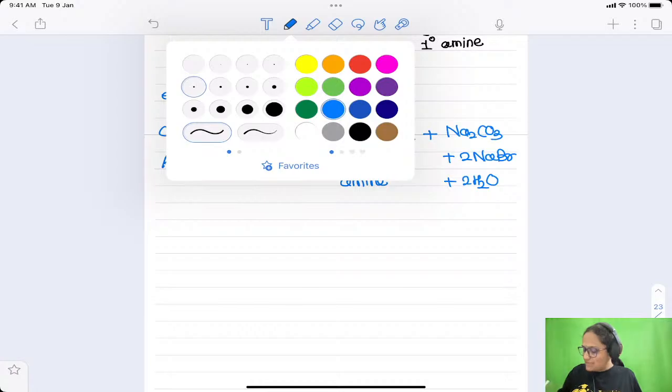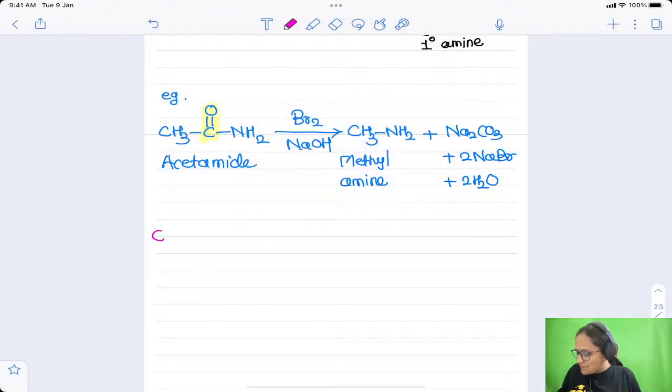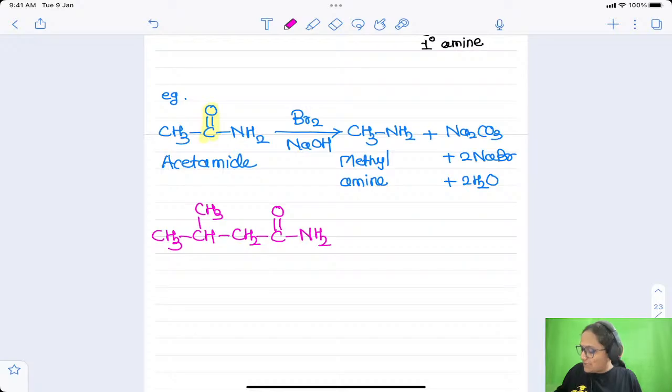Another example we can see, if it is CH3 CH2 CONH2. Whatever may be the skeleton beside it, it will not make any difference. You just have to focus on CONH2. Then again if Br2 NaOH or Br2 KOH is written on the arrow, what will be the product? Only the main product I will write down henceforth, because the rest is common for all.